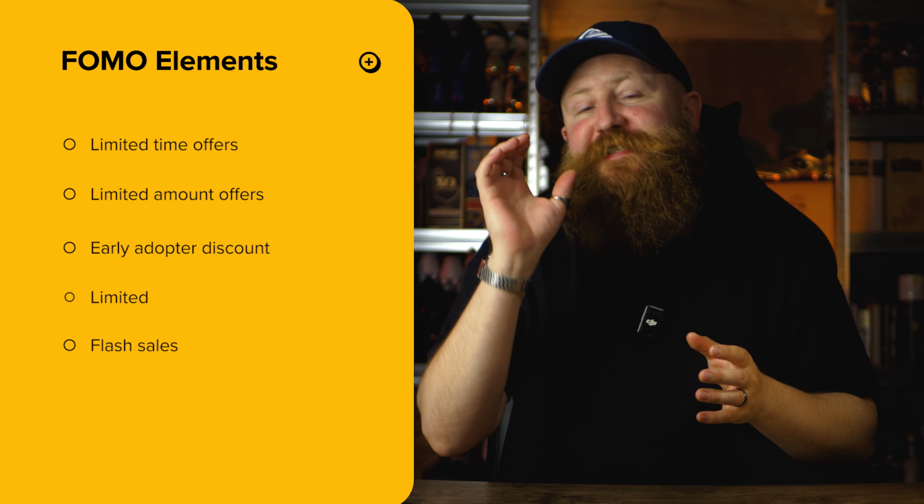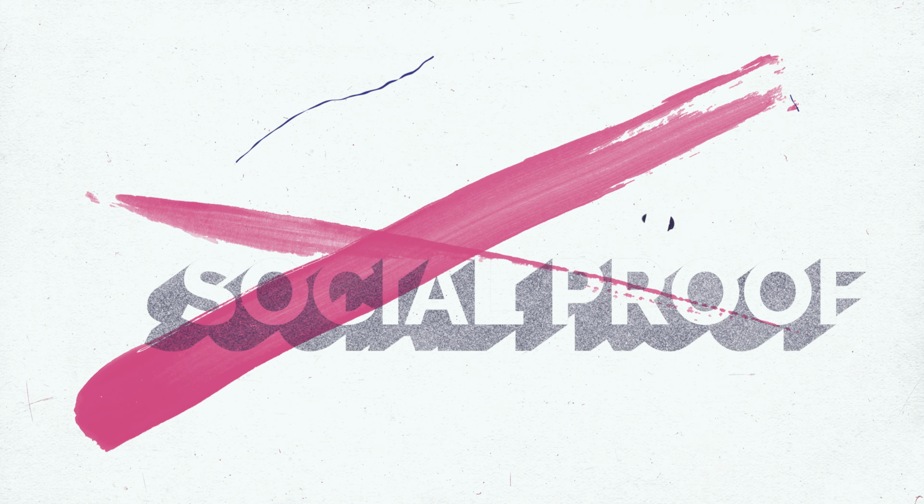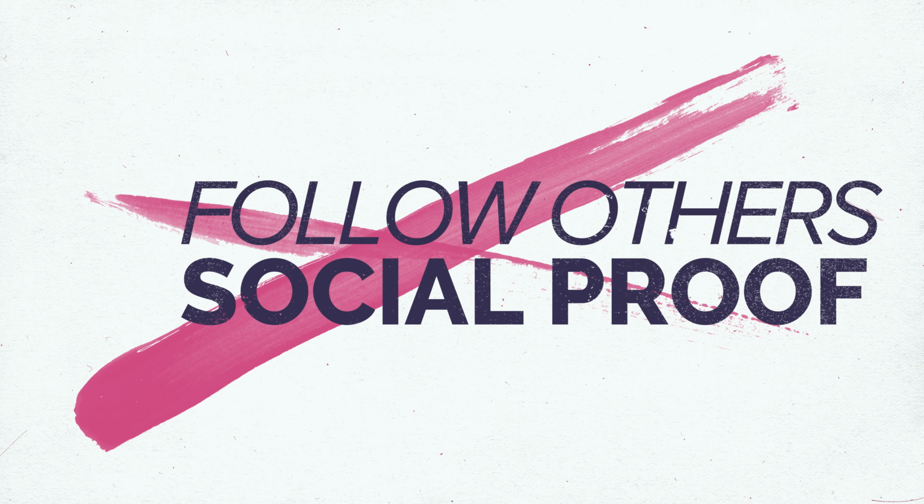You don't want an unlimited offer that people can come back to any time. You need them to feel like if they don't take action right now, they potentially are going to miss out. Now, there's a great way of doing that, of course, with those conversion blocks I was talking about, but you can also generate it by using social proof. And that takes us to our next point.